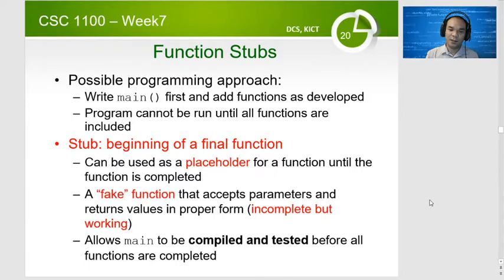A stub is the beginning of a final function, and it can be used as a placeholder for a function until the function is completed. It's basically a fake function that accepts parameters and returns values in proper form, incomplete but maybe working. It allows main to be compiled and tested before all functions are completed.